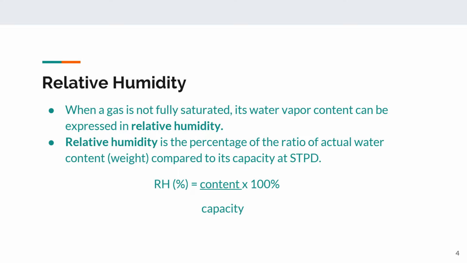On my slide, it was really hard to get the word capacity right underneath content. So it's a ratio: content divided by capacity, times 100. That is your relative humidity percent.